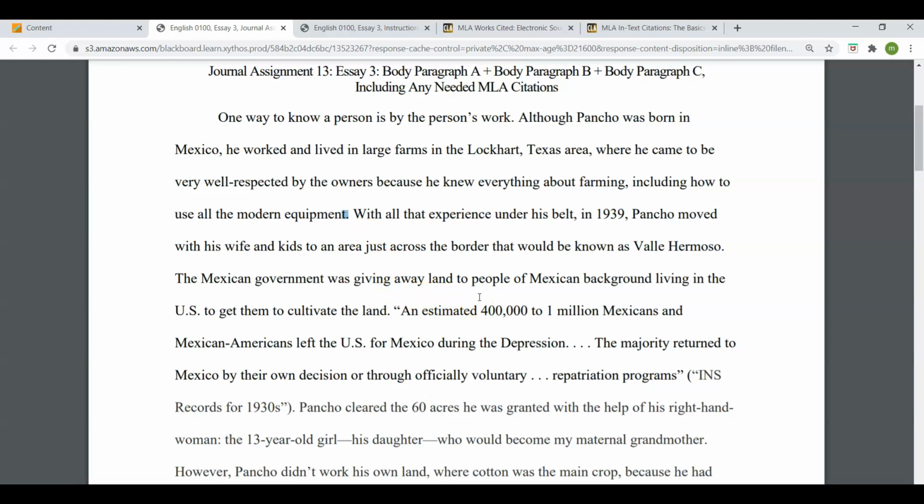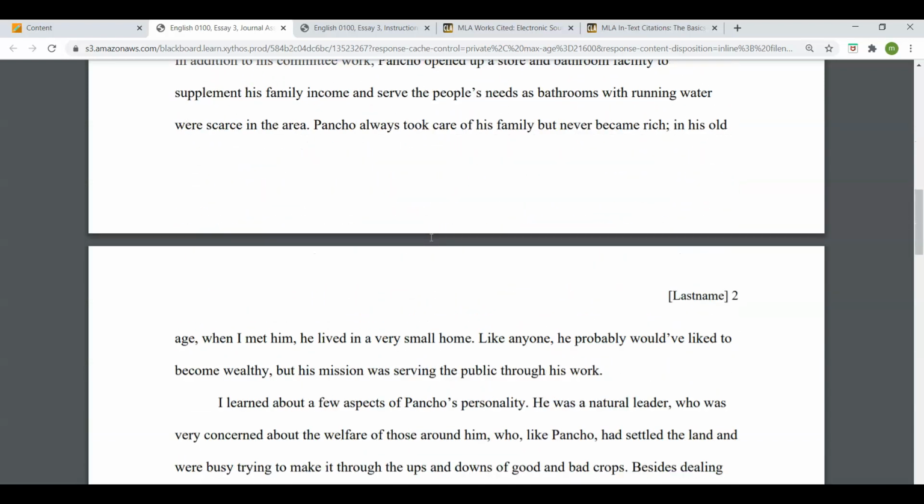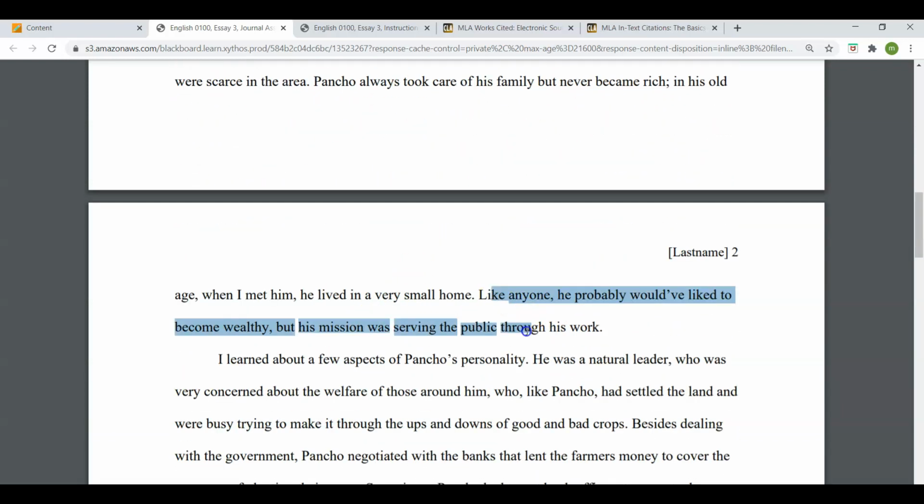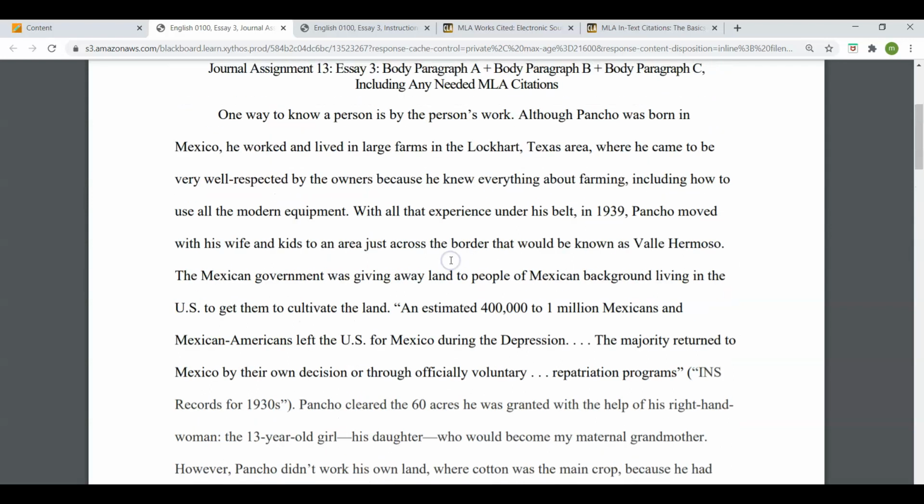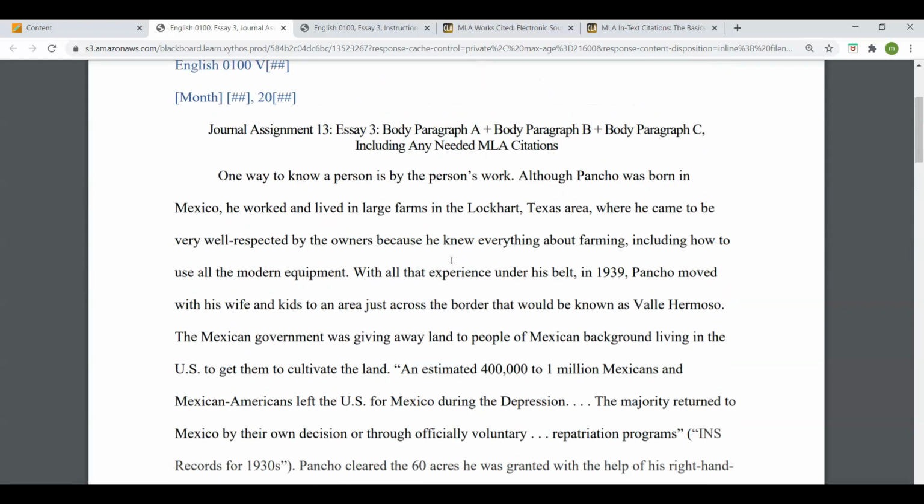So I will know you've ended a sentence because you put a period on it. Some of you thought you had 6 sentences in between the topic sentence and the closing sentence, but you didn't. So make sure you use a period at the end of each of your sentences.